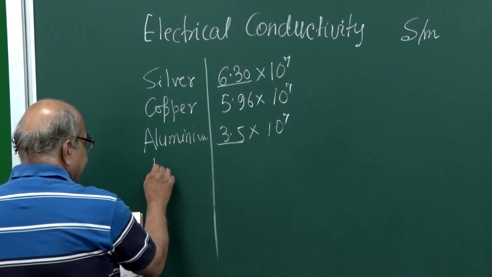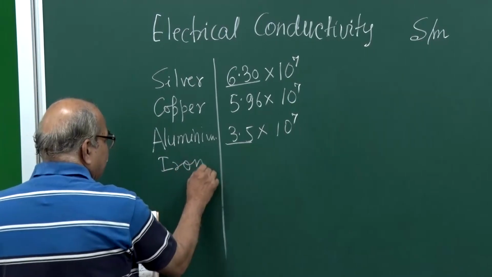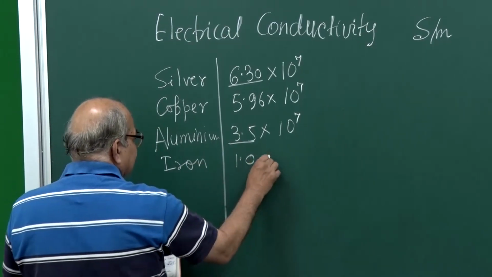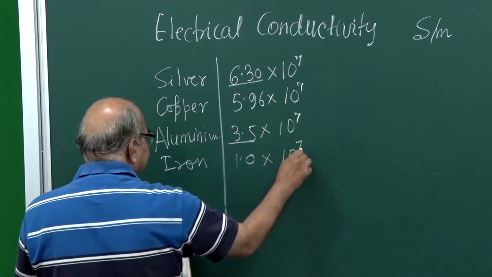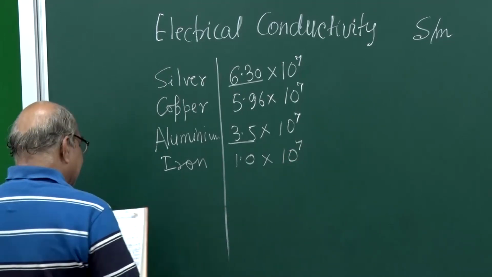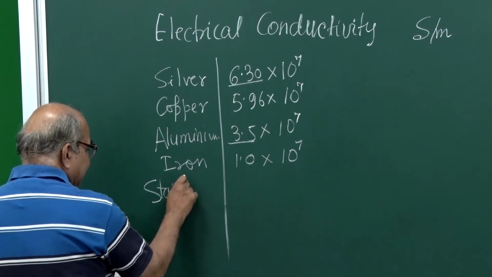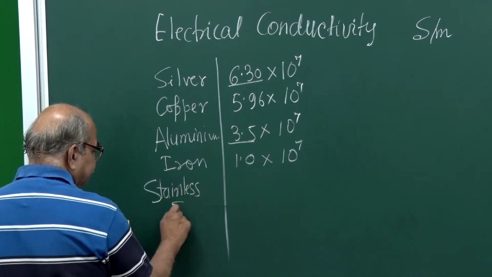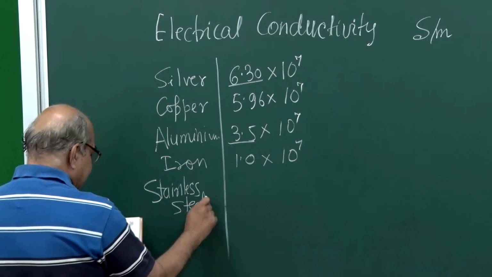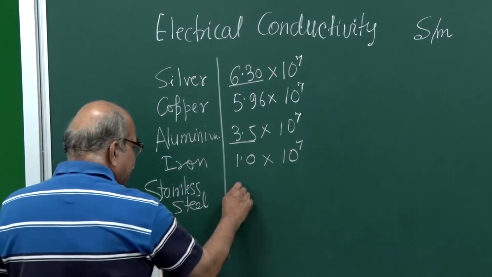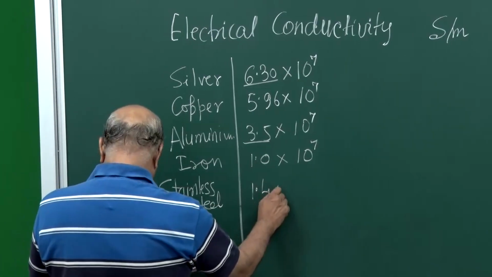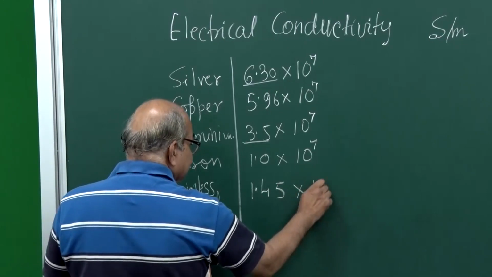Iron is 1.0 into 10 power 7, even lower. Stainless steel, this conductivity is 1.45 into 10 power 6.